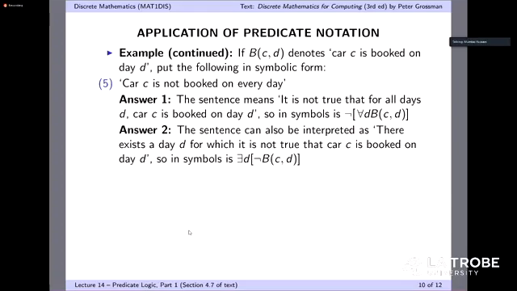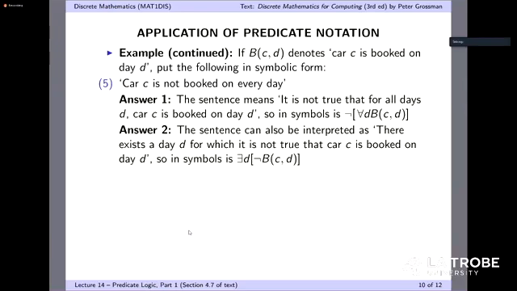Okay. So another method, as I just wrote by hand, can also be interpreted as there exists a day D for which it is not true that car C is booked. So there exists a day, and you're claiming car C is booked, not. So this is how we have to explain.